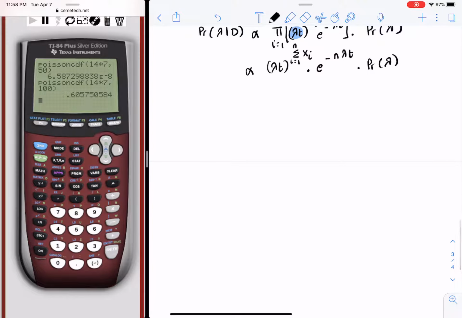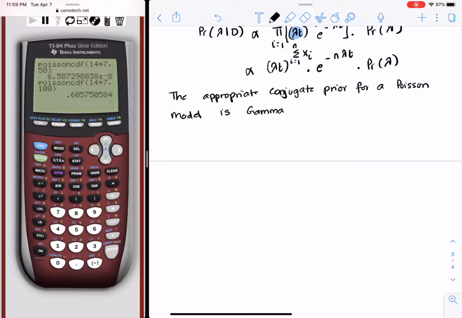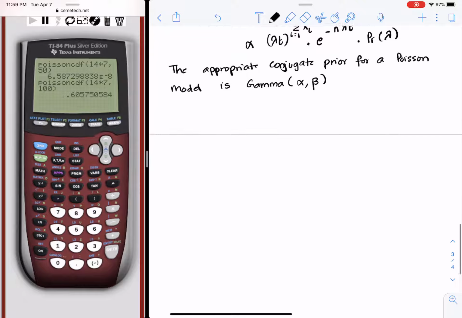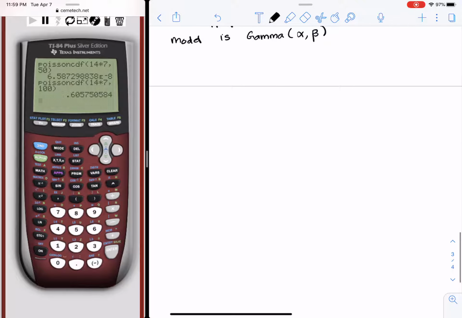So we know the concept of a conjugate prior. The appropriate prior is a gamma distribution, and it has two parameters, alpha and beta. So what is a gamma distribution?